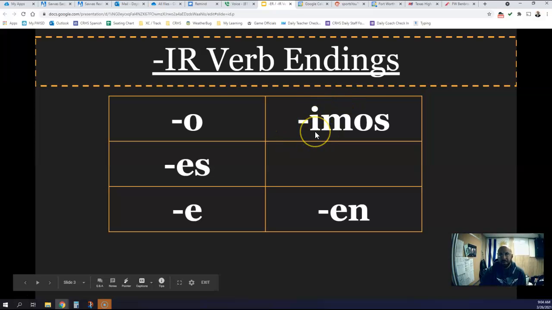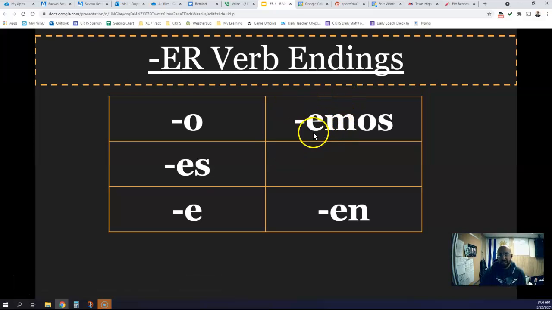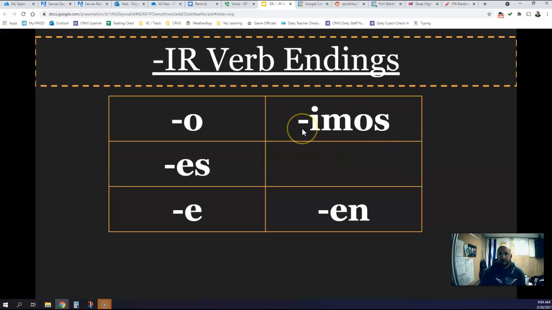Instead of an E for our ER endings, it's emos, E-M-O-S. On our IR endings, it's I-M-O-S, imos. This is the only difference between ER and IR verbs that you're ever going to have for the rest of Spanish. So, o, es, imos, en.